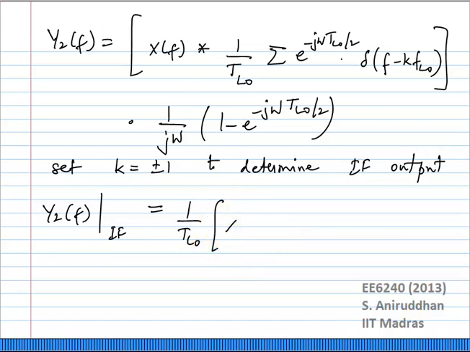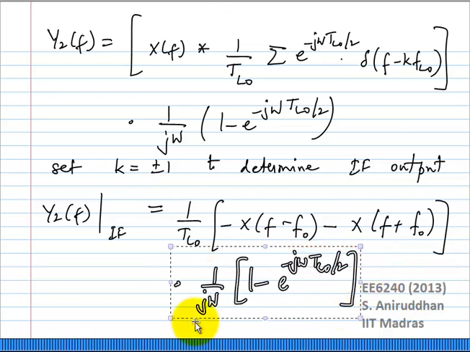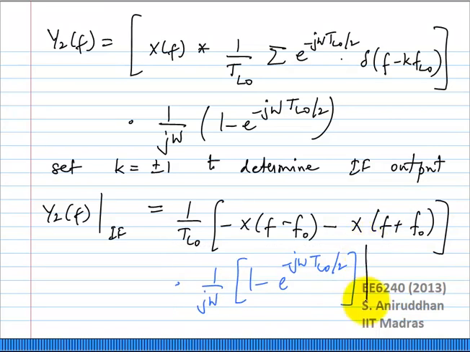It gives me this multiplied with, now, of course, this portion, I'll write it in blue because I have still not evaluated it at omega equal to omega IF.